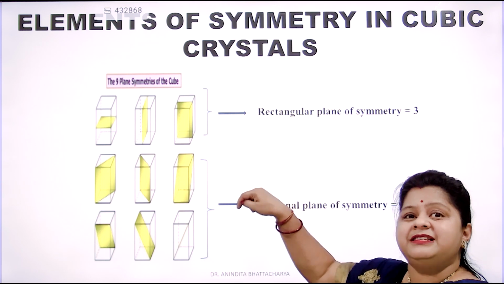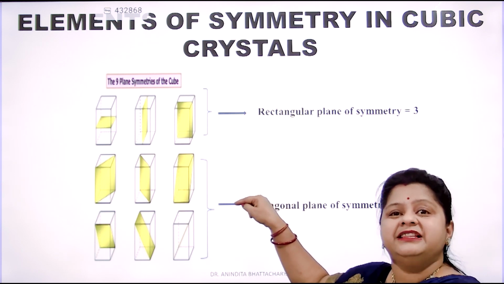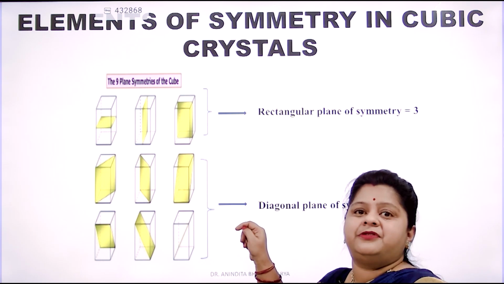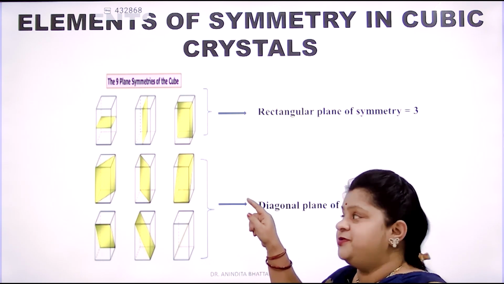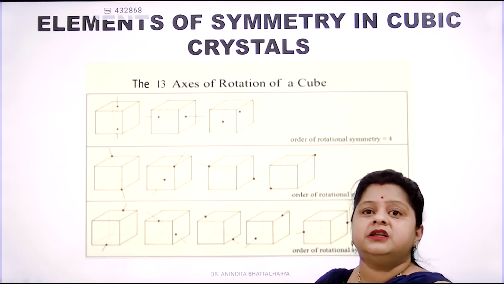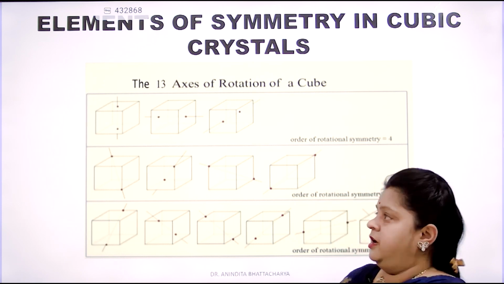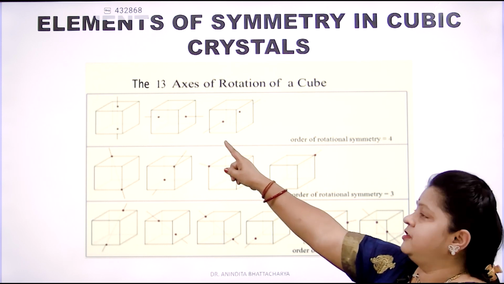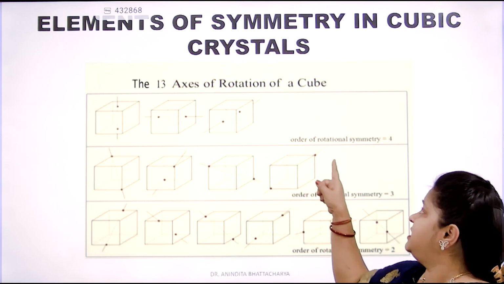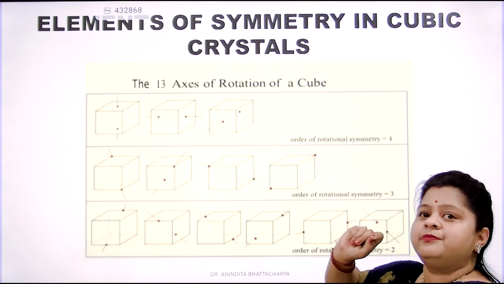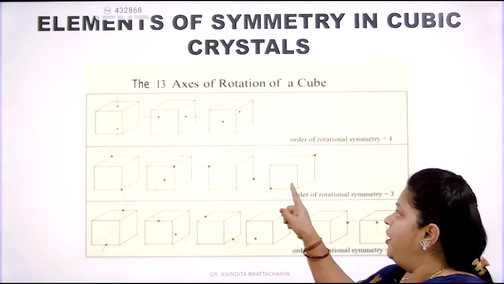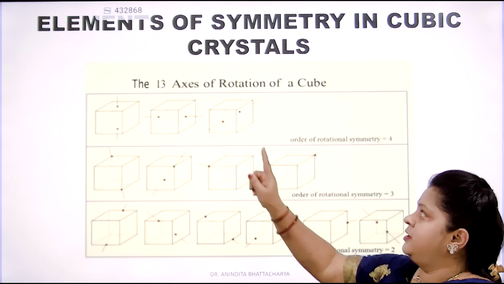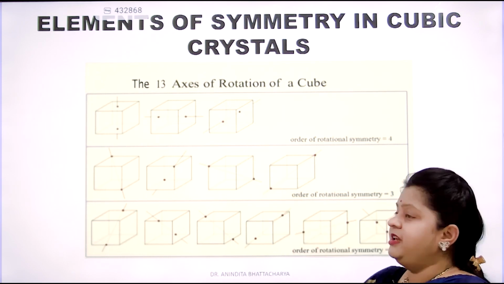And in the previous slide what we told you, that there are 9 planes of symmetry. But how many axes of symmetry did we talk about? 13. We have 3 with order of rotational symmetry 4. Then we have 4 of this with order of symmetry 3. So that makes 3 plus 4, 7.